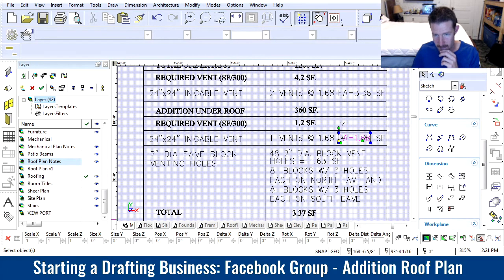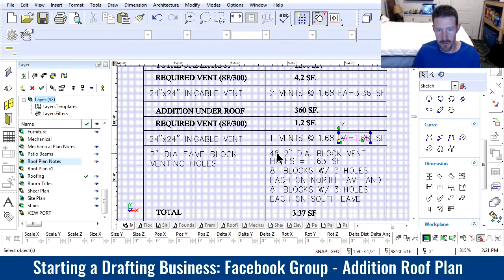Okay. So let's see, 0.0339. And I want that up to be 0.6. So if I multiply that by 20 holes, that's 0.68. So that's what we need.